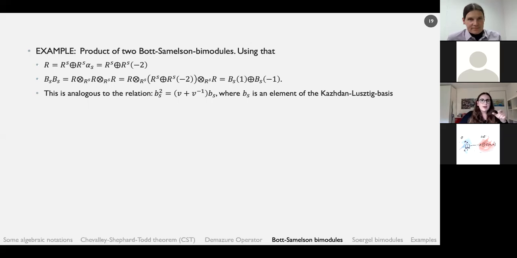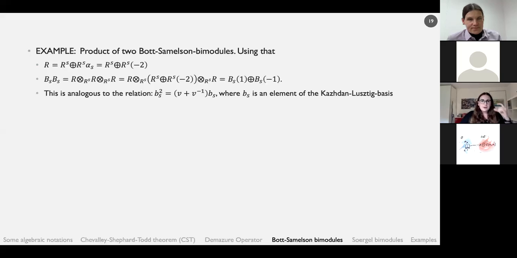Then we can rewrite the product of two Bott-Samuelson bimodules as R tensor product R, and then we rewrite the R that is in the middle using the definition from above. Using that gives us that BS BS is equal to BS with a shifting grading of 1, direct sum BS with a shifting grading of -1.